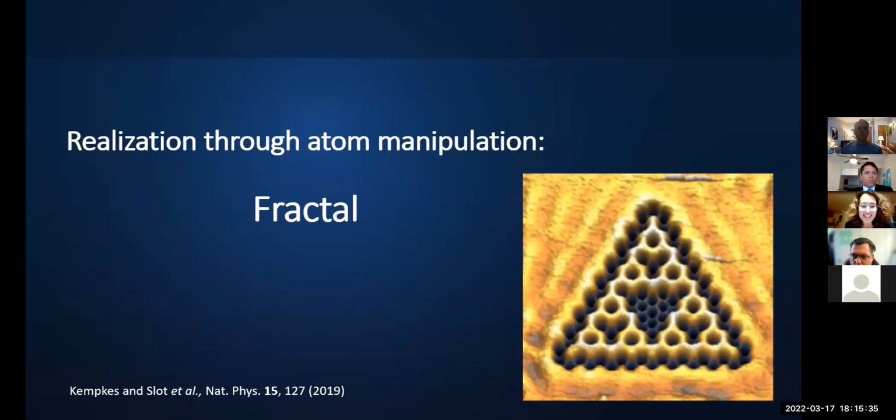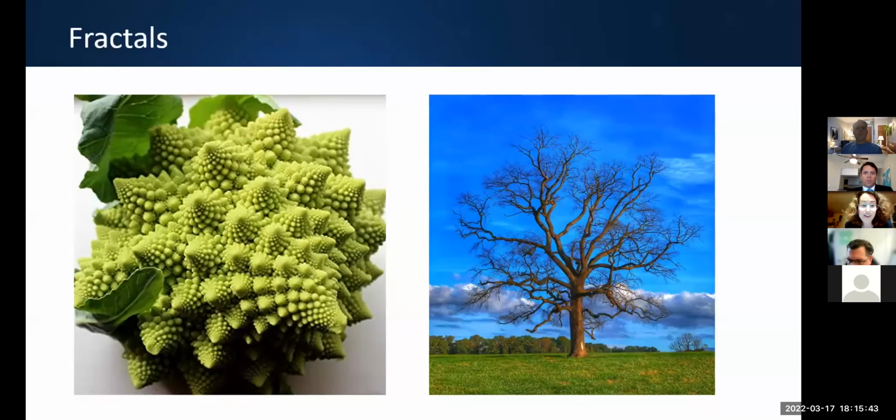Because something else that doesn't exist in nature in a well-determined way is a geometric fractal. Fractals actually exist everywhere in nature. It is basically everything that repeats itself at every length scale. For example, this Romanesco broccoli, which is like a pyramid of many small pyramids.